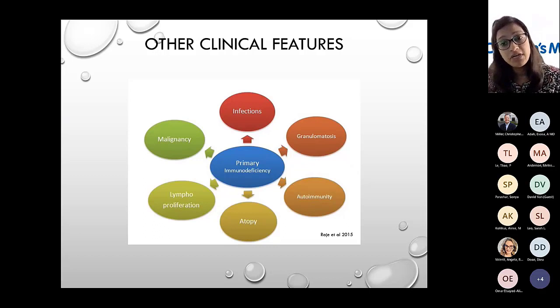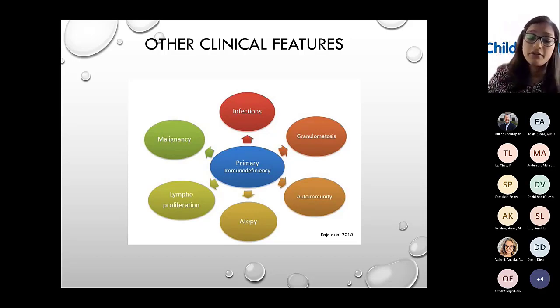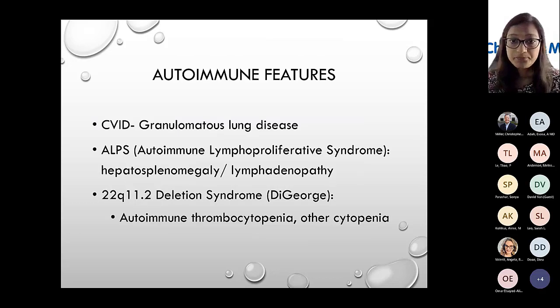Inborn errors of immunity can present not just with infections, but with malignancy, lymphoproliferation, autoimmune features, granulomas, and atopy as part of that picture. So if you see a combination of these going on, some inborn errors of immunity don't really have to present with infections. So keep in mind there are other aspects of these disorders.